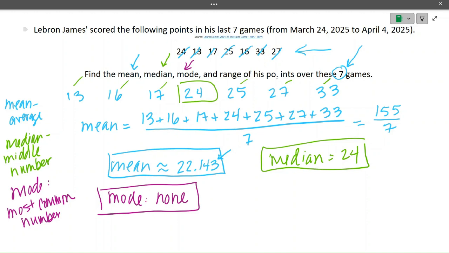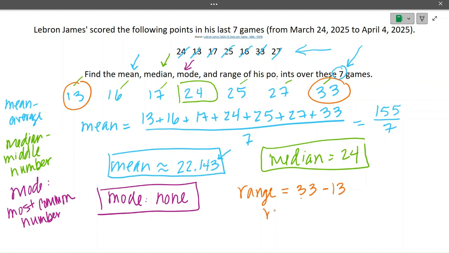And then the range. So the range is the difference between the greatest number of points he scored in this case and the least number of points he scored. So in this case, the maximum points he scored was 33, and the minimum points, or his lowest scored points in a game, was 13.